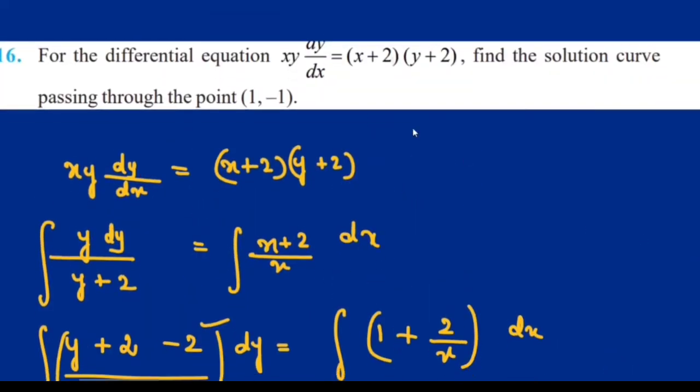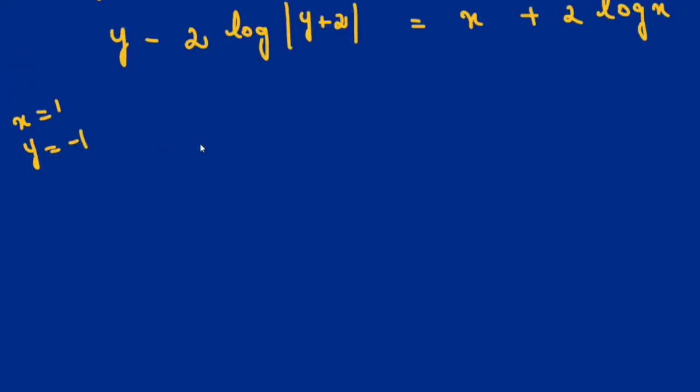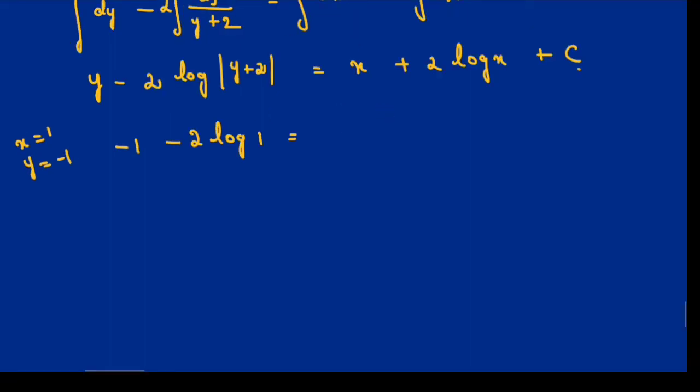The curve is passing through 1, minus 1. So put x is 1 and y is minus 1. So we will get the particular solution. So put y is minus 1. We will get minus 1 minus 2 log of y plus 2, that is minus 1 plus 2 is 1, equals 1 plus 2 log 1 plus c.